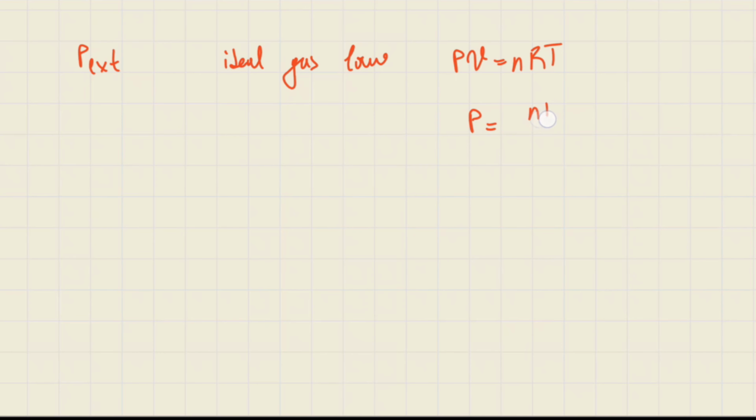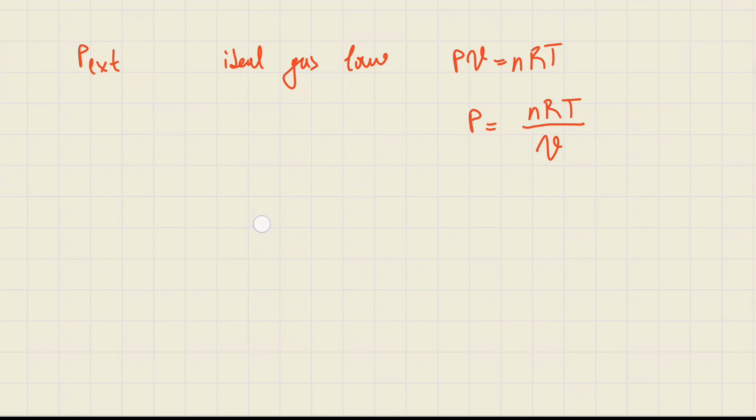If we don't know the P external, we can always use the ideal gas law, which is PV equals nRT. So P here can be written as nRT over V. Right? We know that part.